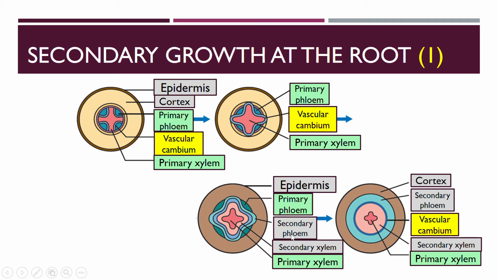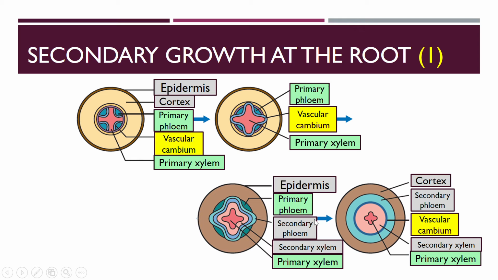Now ada secondary sudah muncul. So this yang biru muda ini, this is the vascular cambium, right? So sebelah dia, sebelah menyebelah. So sebelah di sini yang luar, bahagian luar, that will be the secondary phloem. Sebelah yang dekat-dekat dia, bahagian dalam, that will be the secondary xylem.